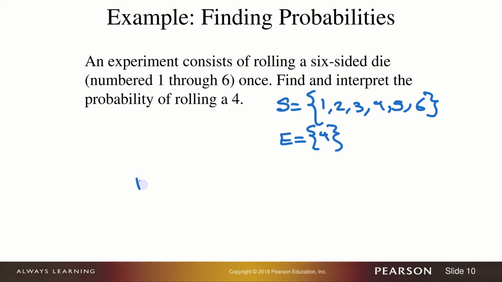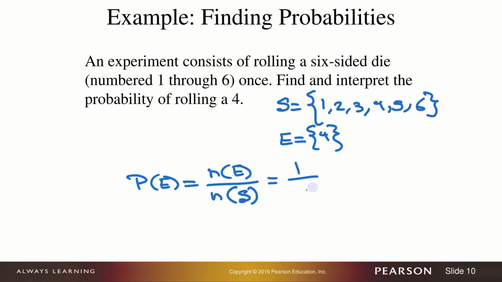So notice that the probability of the event E is going to be the number of E, in other words, the cardinality of that set E which we created here, divided by the cardinality of the sample space, right? So it's going to be 1/6.